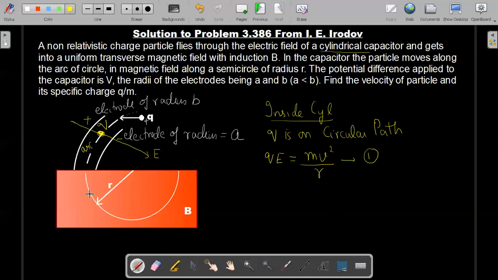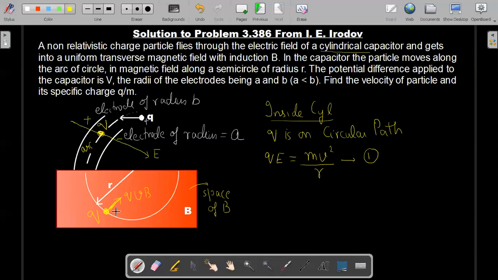Now when the same charged particle enters into the space of magnetic field, which is inside a box, it must experience a force of the magnetic field, which is given by QVB. Actually, it is QV cross B, but B is a transverse magnetic field, which is either into the plane or out of the plane. Transverse magnetic field means a magnetic field which is perpendicular to the velocity.